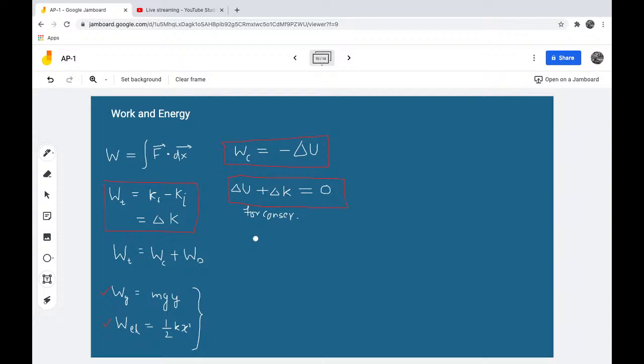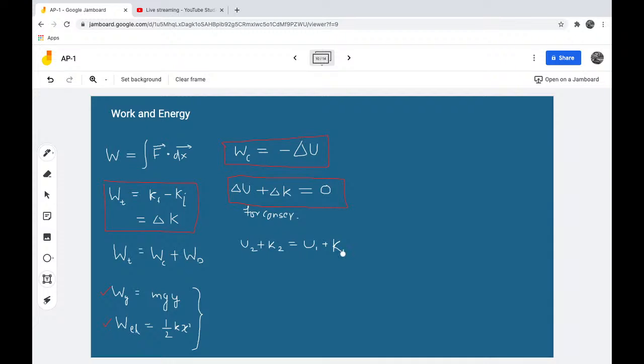Let's go ahead. This can also be written as the final potential energy plus the final kinetic energy, and if there is more than one element in the system, then it's the total kinetic energy, final, which I denote with 2, has to be equal to the total initial potential energy U1 plus the total initial kinetic energy K1.